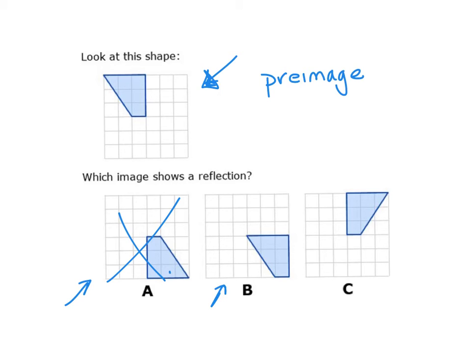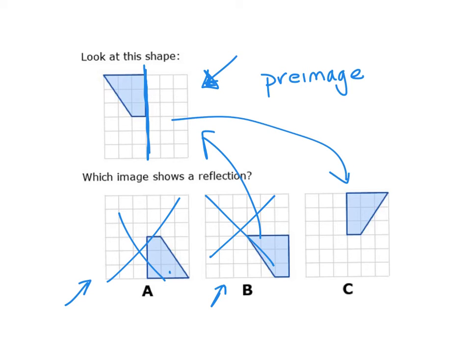It was slid down. B, the orientation is exactly the same as the original, so that is not going to be a reflection. We need to find when the orientation changed. If we look at C, it does match a reflection, because if we took the original shape and reflected it over this line, we would end up with that. So our answer for this is going to be C.